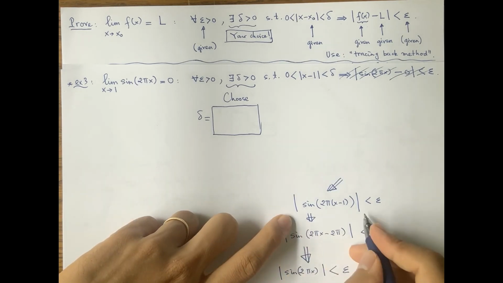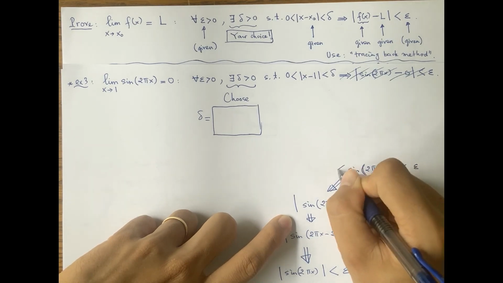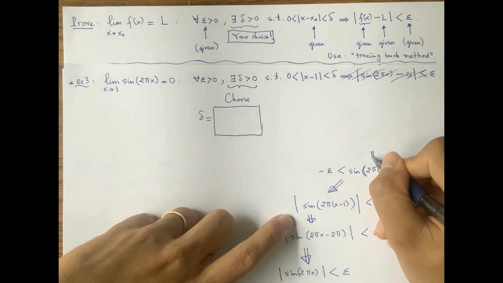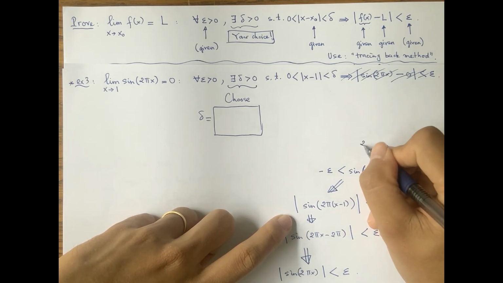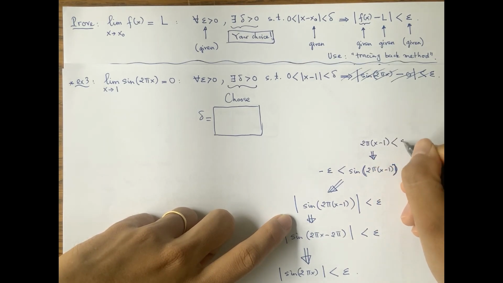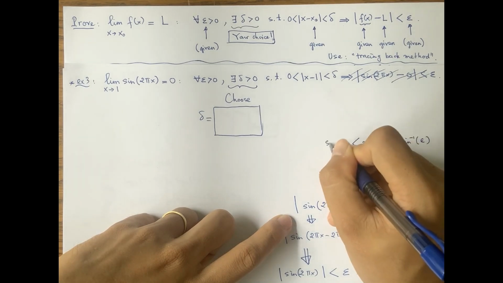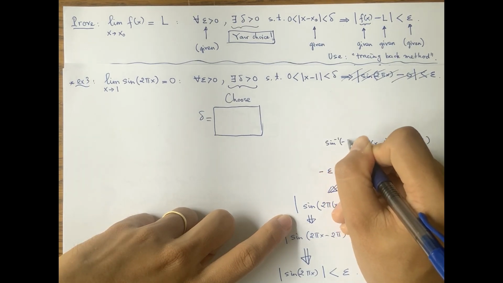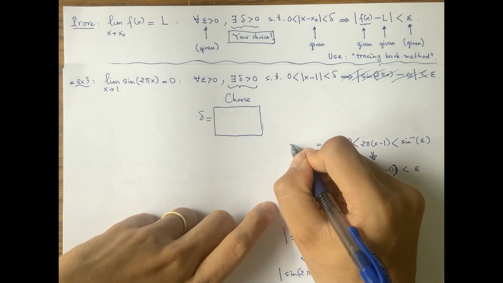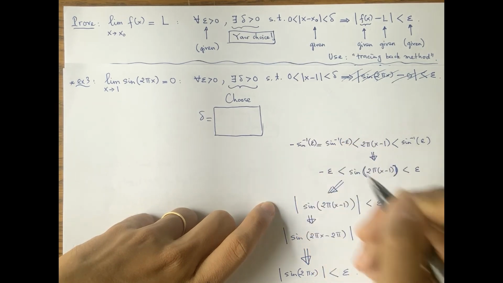Now, you are going to get this if you have less than epsilon and greater than negative of epsilon. And you would have this if you have 2 pi times x minus 1 less than the sin inverse of epsilon and greater than the sin inverse of negative epsilon. Because sin inverse is an odd function, this is the same as minus sin inverse of epsilon.